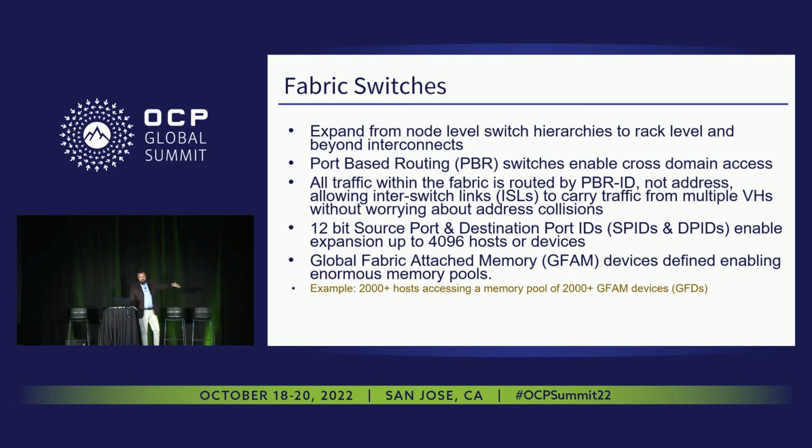As I mentioned, the transactions are routed by a source and destination ID as opposed to an address, right? The FLIT was provisioned with a 12-bit source and destination port ID. So conceptually, that's 4,000 devices, right? That's what we wrote into the spec.